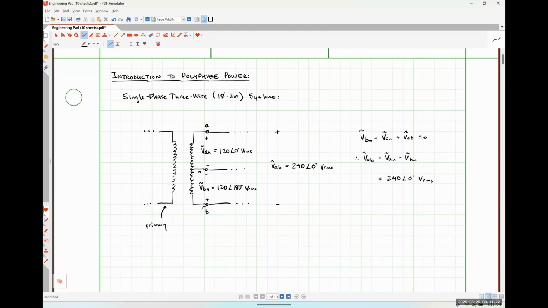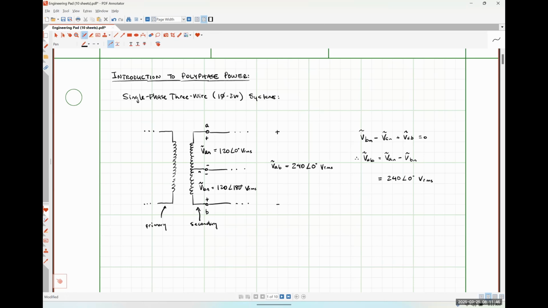And so that centermost tap on that secondary winding of the transformer, and I should note that that's the secondary winding over here, divides that 240 volts equally between those two tap points on the transformer.